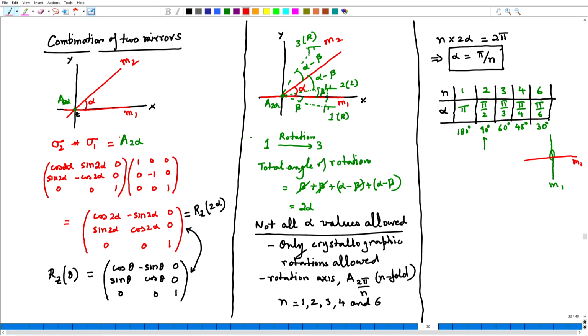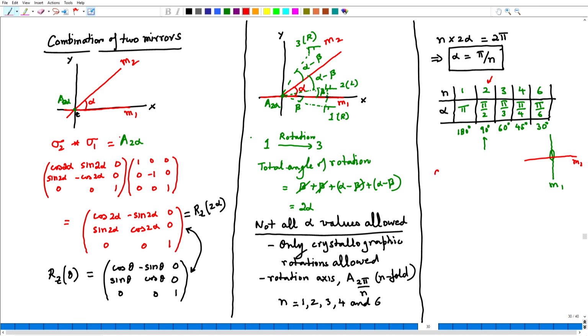Or conversely, we can say if I put two mirrors M1 and M2 at 90 degrees to each other, I had a two-fold rotational symmetry that would be present at the intersection, and that is by n is equal to 2.